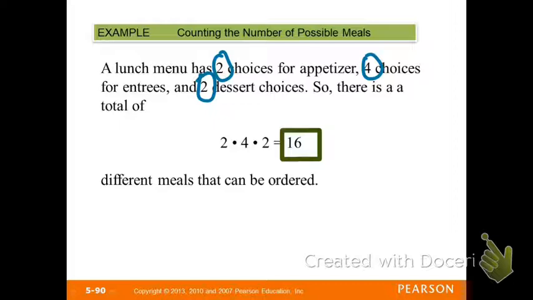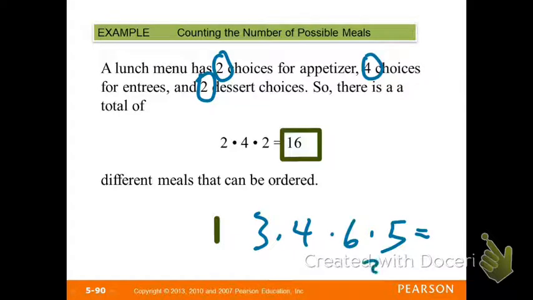So if we're walking through a cafeteria line and we can choose 3 choices for appetizers, 4 choices for main entree, and 6 choices for entree, and 5 choices for drinks, then that would give us a total of 360 different choices for that particular meal.